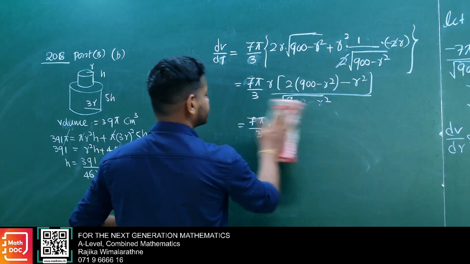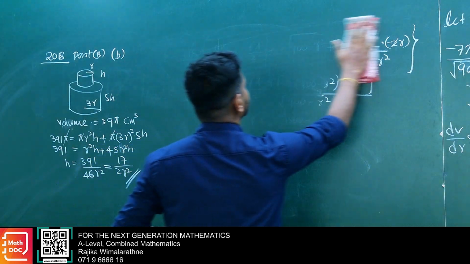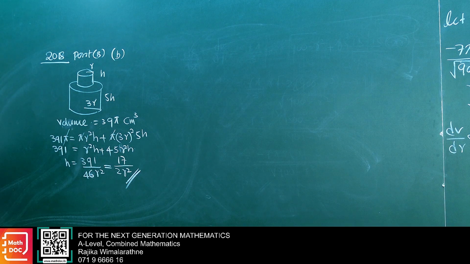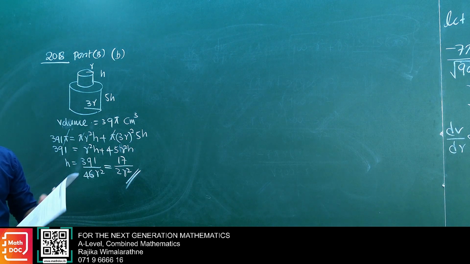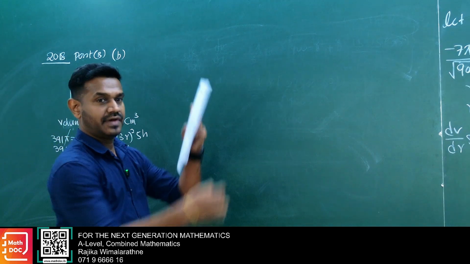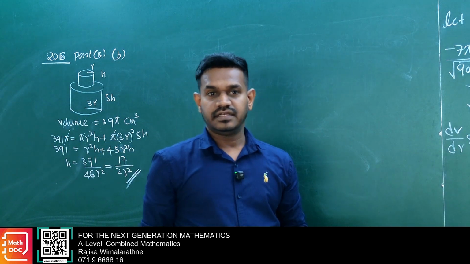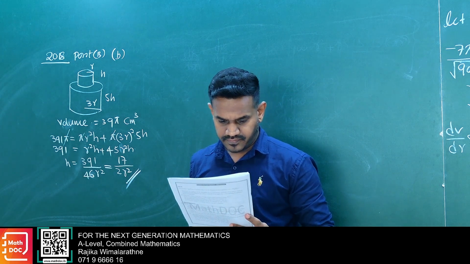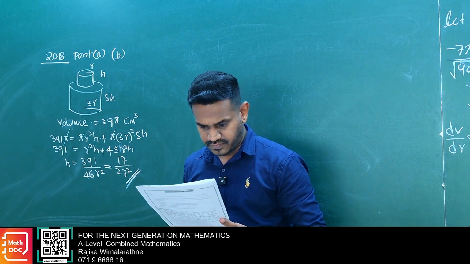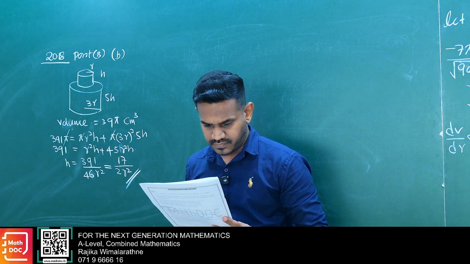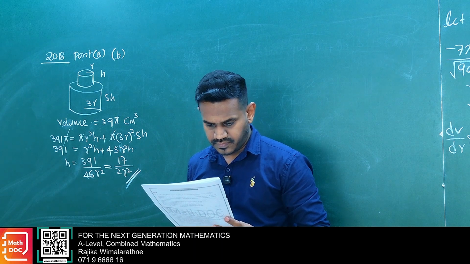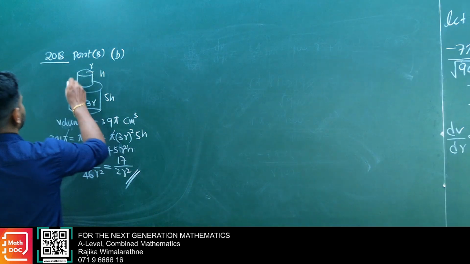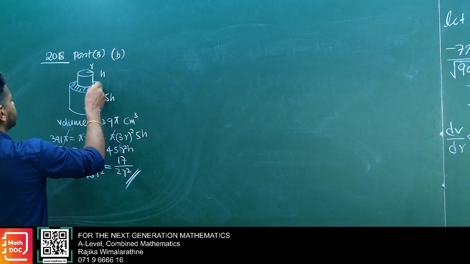Now we have to minimize total surface area. Then find the surface area relation. Here it is open, the other parts all closed.